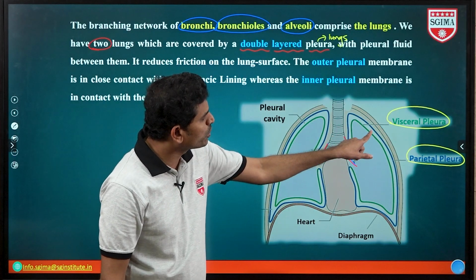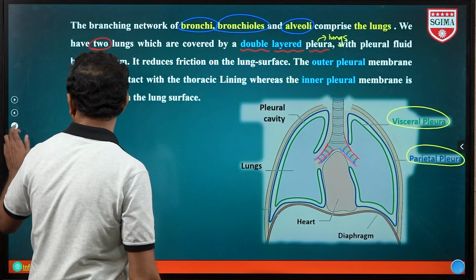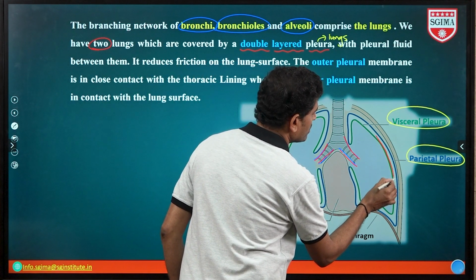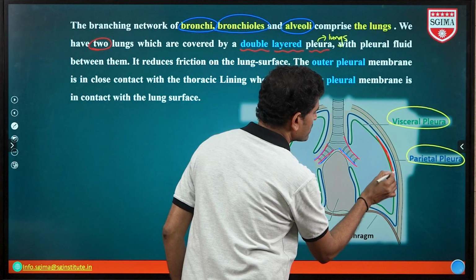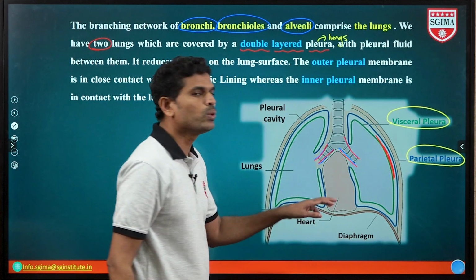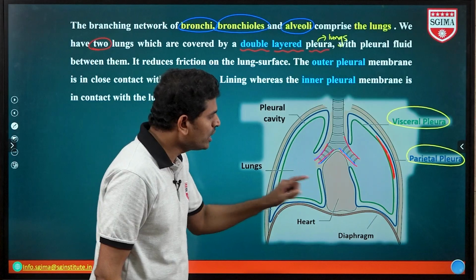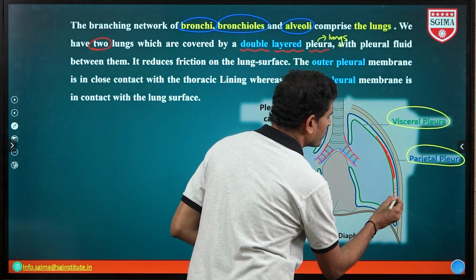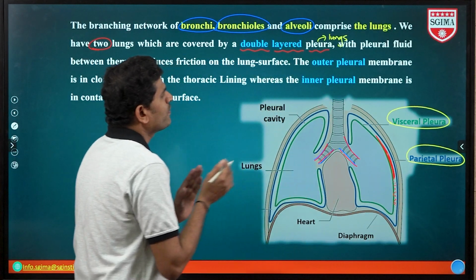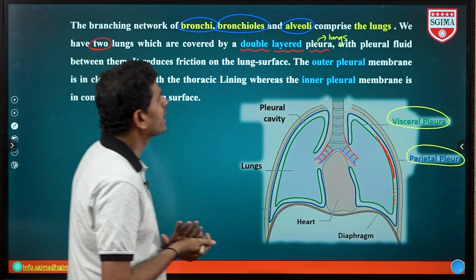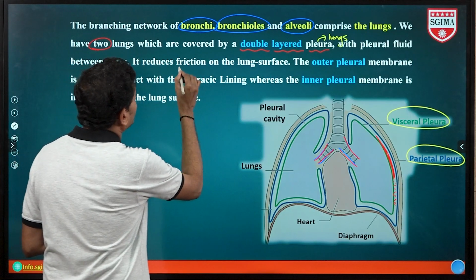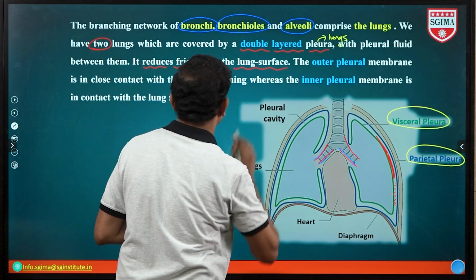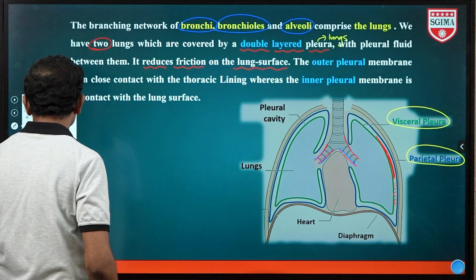In between these two, the cavity which is present is called the pleural cavity. And the cavity is filled with liquid, called the pleural fluid. So what is the function of the pleural fluid? Briefly, this fluid reduces the friction on the lung surface. Not only this, it is useful for a few things.